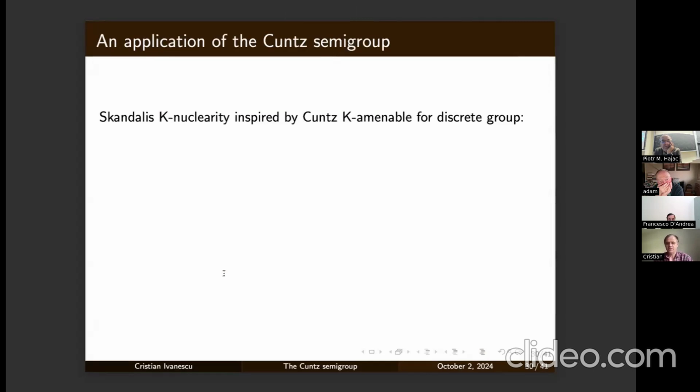Now, in the last part of my talk, I want to talk about another application of the Cuntz semigroup. This is related to some work that Skandalis and Cuntz originally did relating to K-amenability and K-nuclearity.